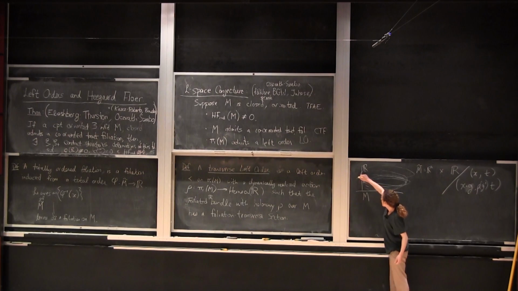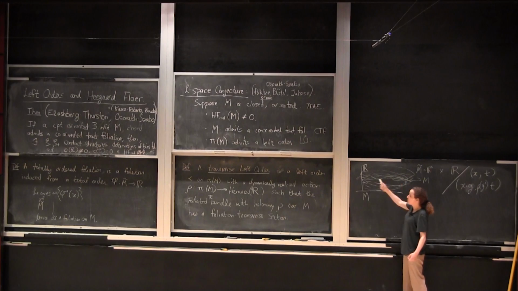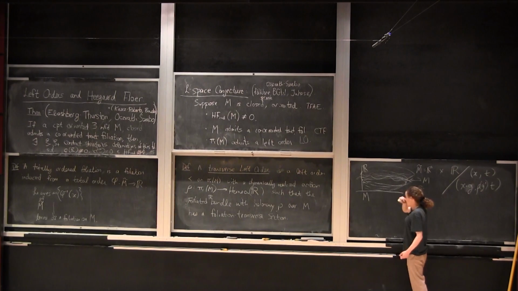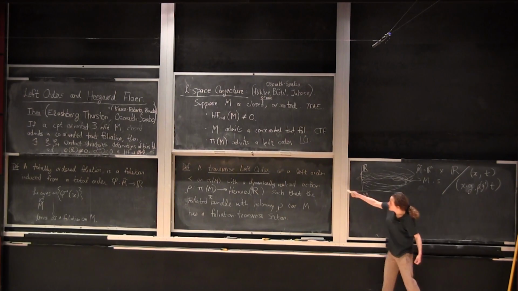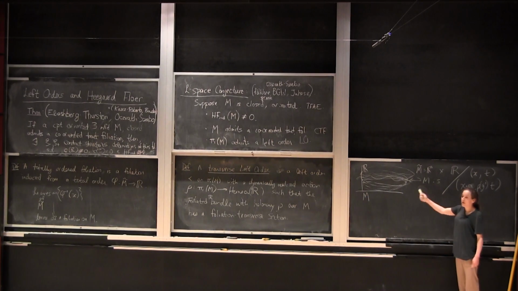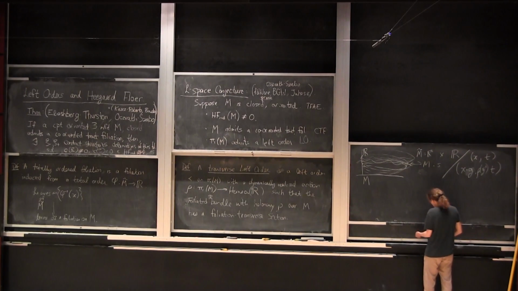So can I find some global section? I mean, it's a trivial bundle, so I always have a global section, but can I find some inclusion of M into this bundle, such that it's transverse to the foliation everywhere? And if I have such a section, then I call my left order, or if you prefer, rho, order. Okay.